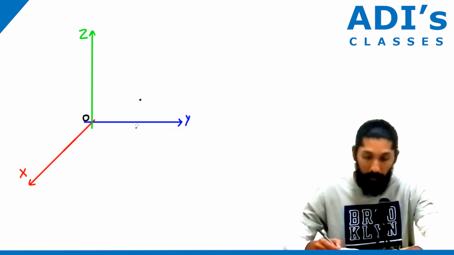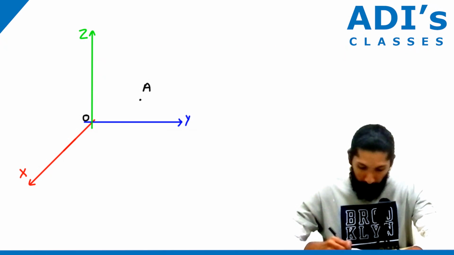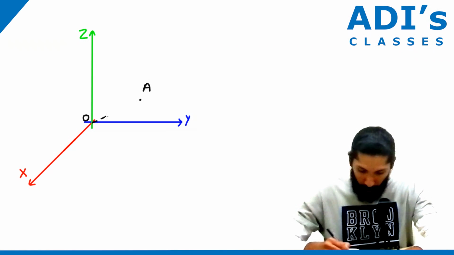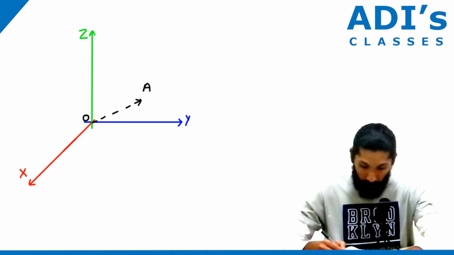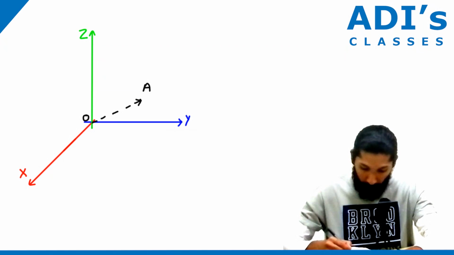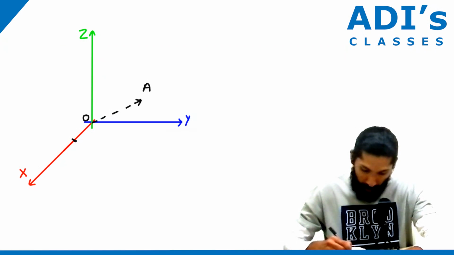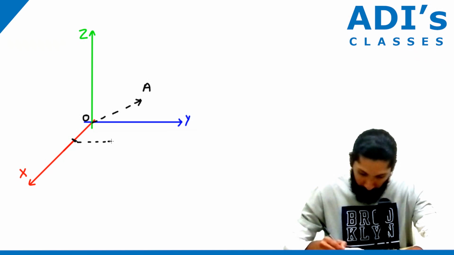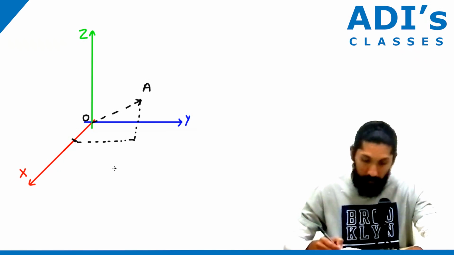Assume that this is the point, say this is A. Now we are going to join O to A. Guys, remember this is in 3 dimensions. To get to point A, we'll have to go some distance in x, some distance in y, and some distance in z, isn't it?